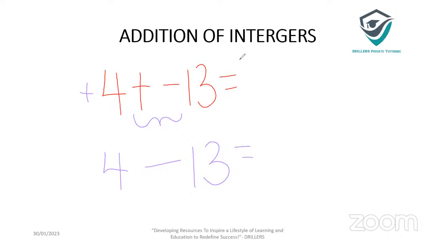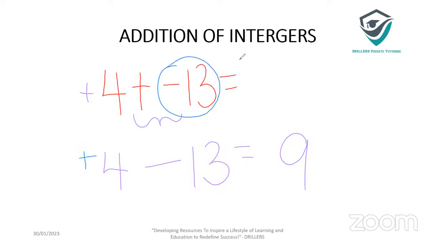So remember, when we have different signs, we subtract and keep the sign of the larger number. So if I have 13, take away 4, I'm going to end up with 9. And then the sign of the larger value is negative because I have a positive 4 and I have a negative 13.